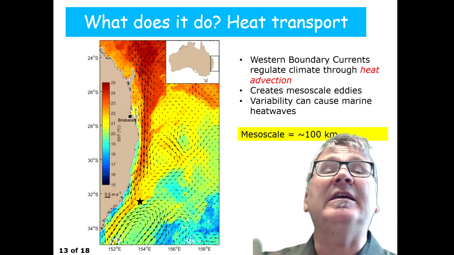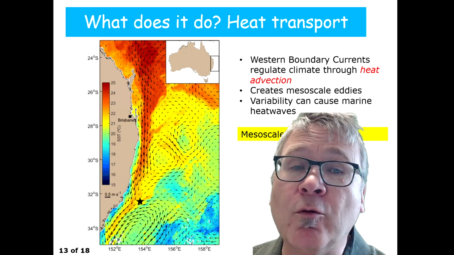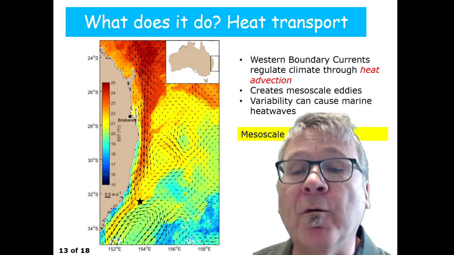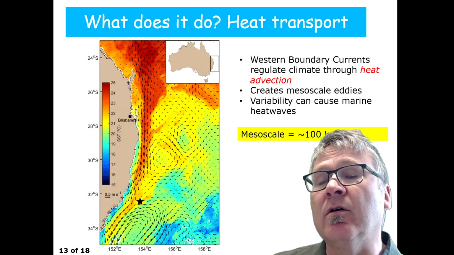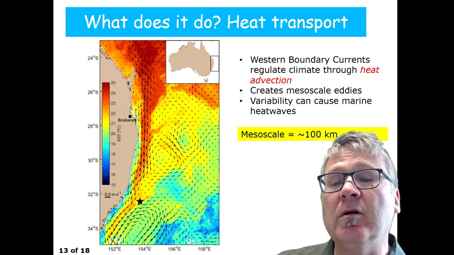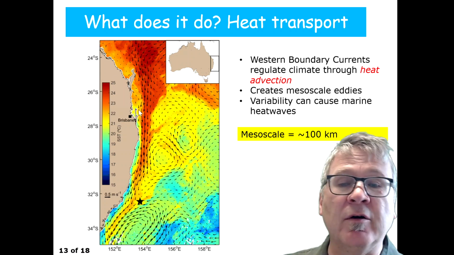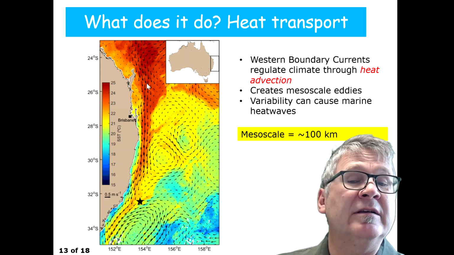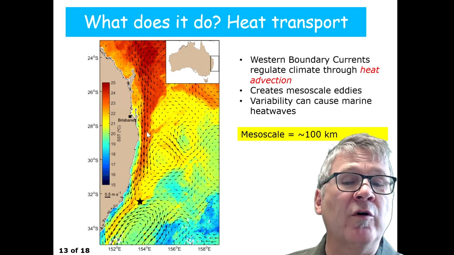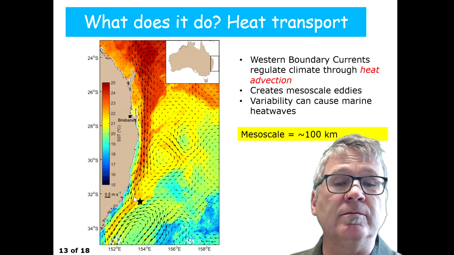And you can see that there is a tongue of orange-red water extending all the way down along the coast. So all along this coast here, the current is moving warmer water into a colder ambient ocean.